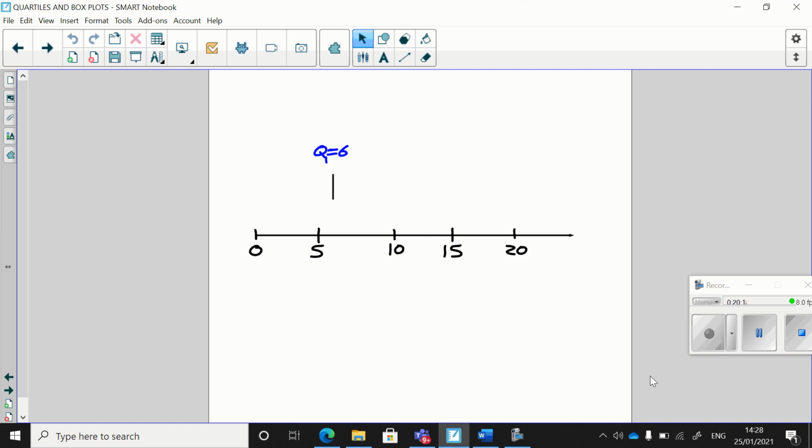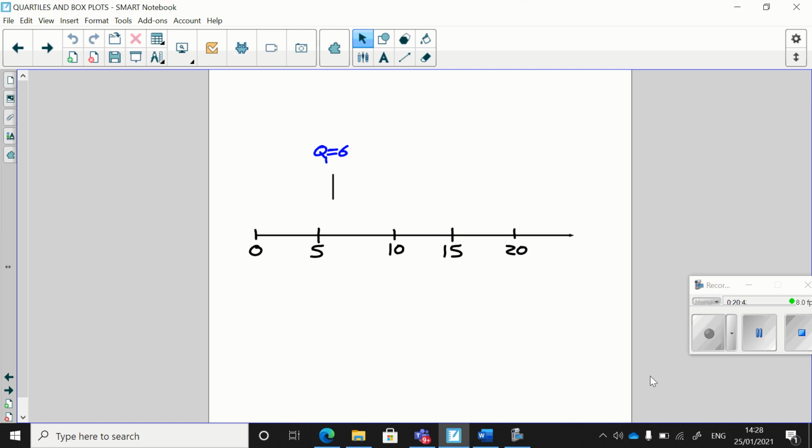First thing we do, we take our first quartile and put a line in above where 6 would be on the number line. That looks fine. I don't have graph paper here. Maybe I should have had it to make this more accurate, but we don't always have graph paper lying about. So that's my first quartile. This is a thing called a box plot.